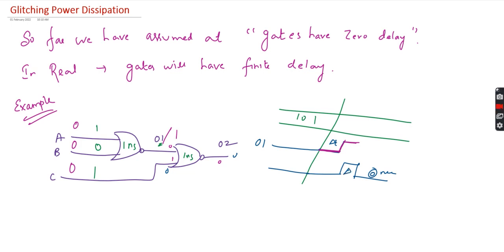So I can say this will be your glitch due to the timings actually. So the more problem you may face due to this. So this input is 0 0 0.